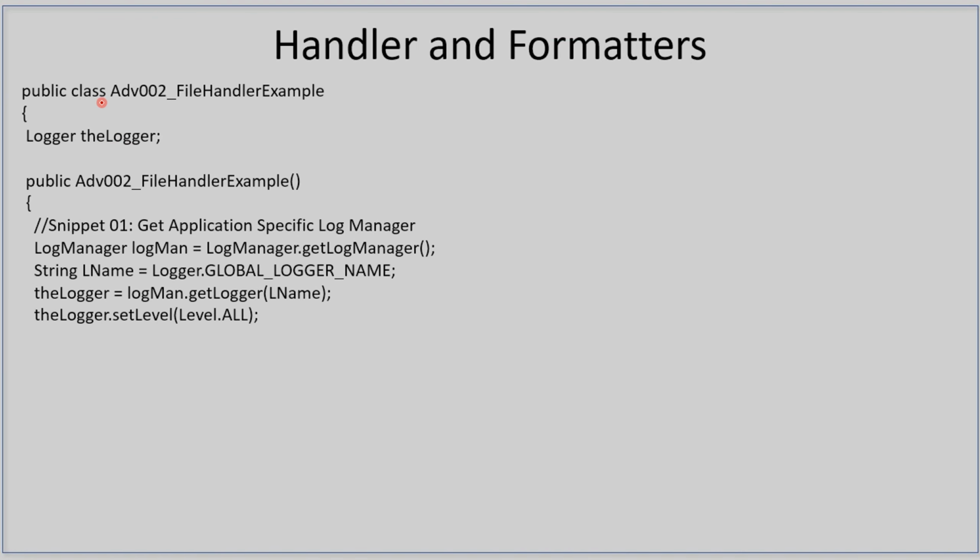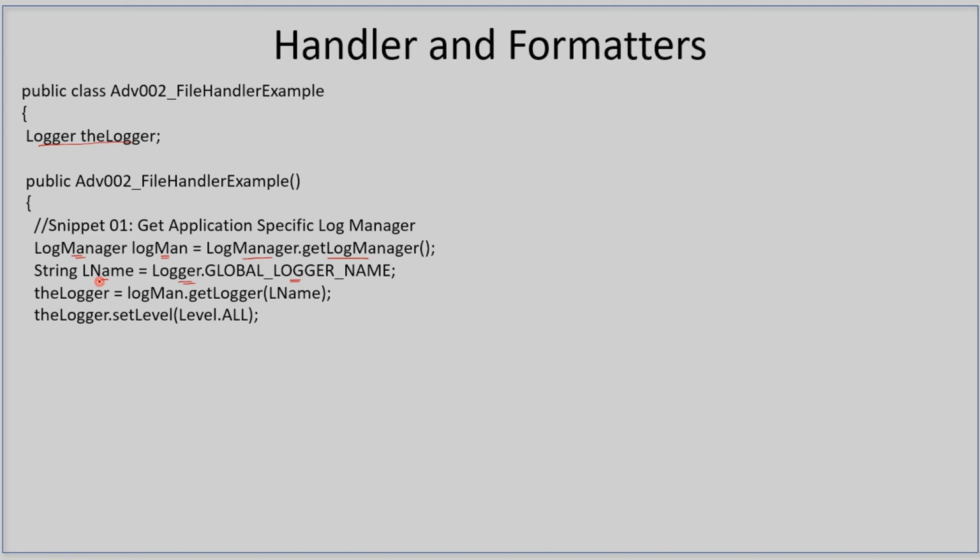Here in this video we will create a file handler example. First we declare our logger object. Then in the constructor, we are making use of LogManager.getLogManager. This will give us a log manager, and we call this logman. Then from Logger itself we are getting the name. This will give a unique name.